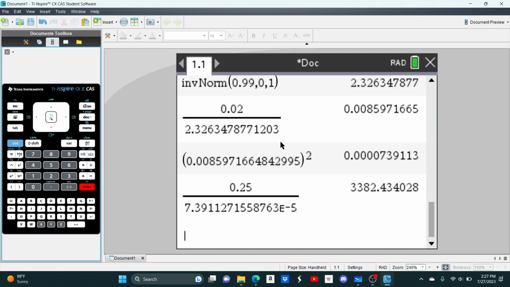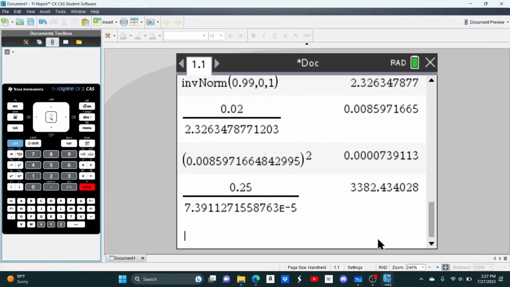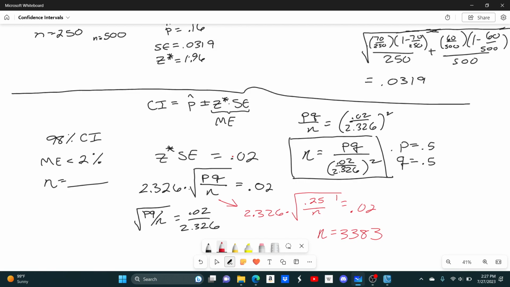So it looks like the sample size we would need is 3,383 people. Remember, we have to round up because a larger sample would result in a smaller margin of error. So we would need to sample 3,383 people. So if you know this thing with the 0.5s, this question is actually pretty straightforward.